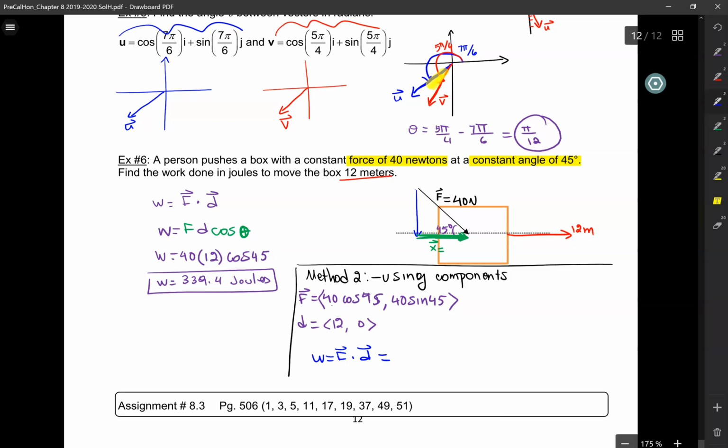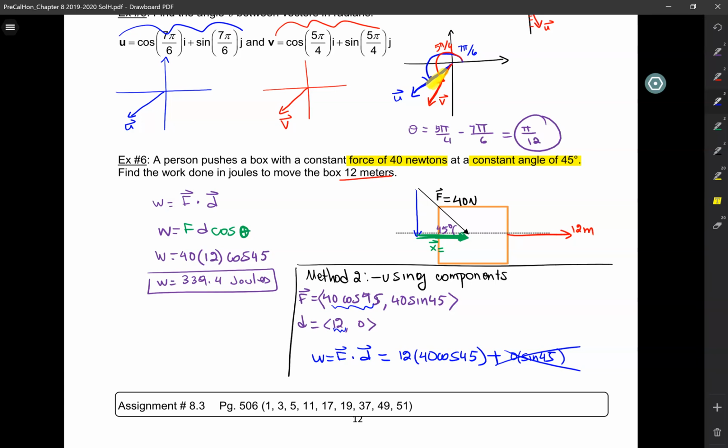That would be 40 cosine 45 times 12 plus what? 0 times 40 sine 45. So look, that would go away. So you still end with 12 times 40 cosine 45. Isn't that cool? So it's the same exact thing whether you do it that way or that way.